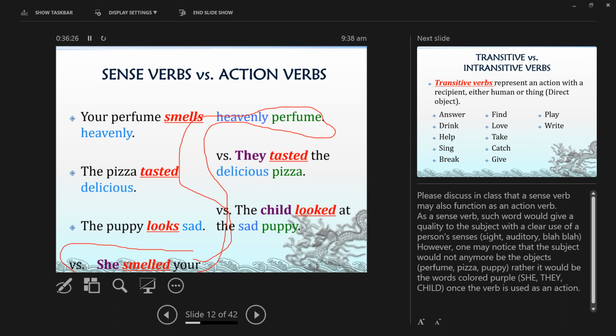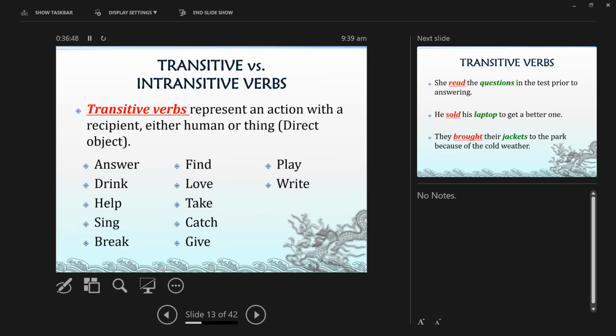It's a sensory verb only. For example, she sounds noisy, or her voice sounds soothing. That's a sensory verb, okay? Because it talks about the sound of her voice or her sounding soothing.